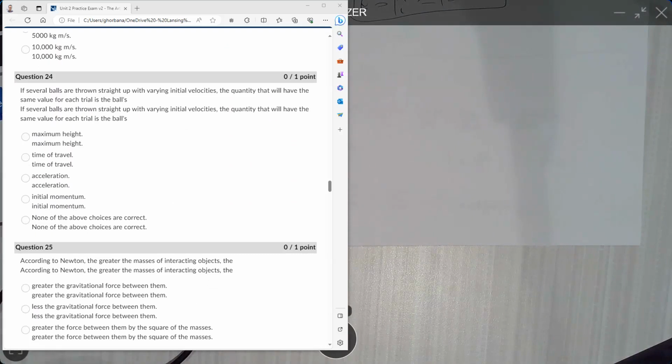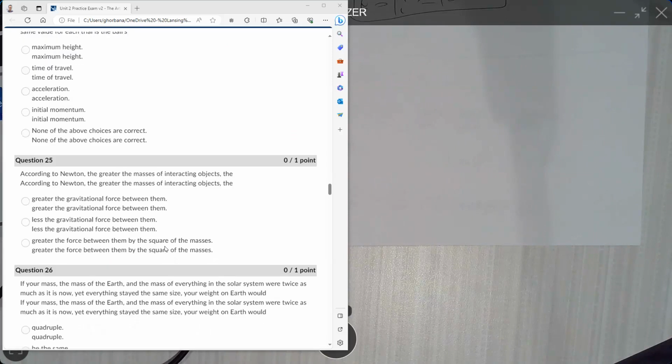So which one is the same? Just the acceleration. The height will be different as well. So the same is the acceleration. Acceleration for all will be the same, assuming there is no air resistance. If there is air resistance, that would be a different story.